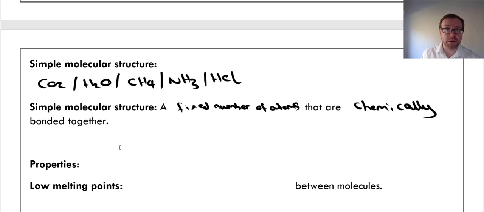E.g., carbon dioxide has one carbon atom and two oxygen atoms bonded together. Now it has to stay as one carbon and two oxygens, yeah? If we change the number of carbons and oxygens, we would change the molecule completely. Hence why our definition is a fixed number of atoms that are chemically bonded together.